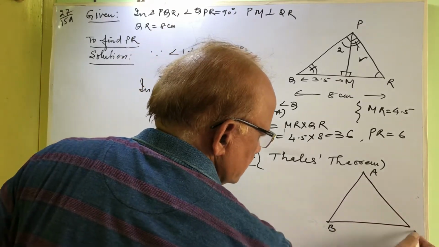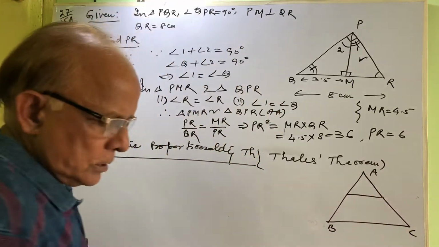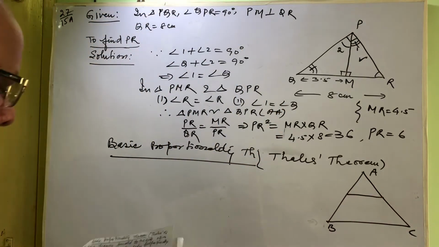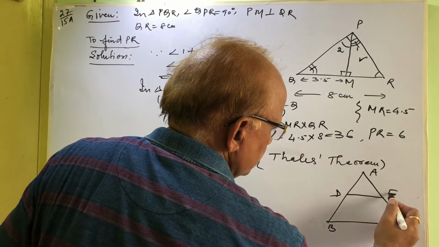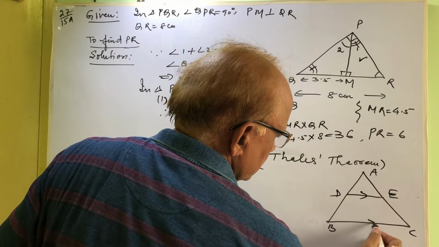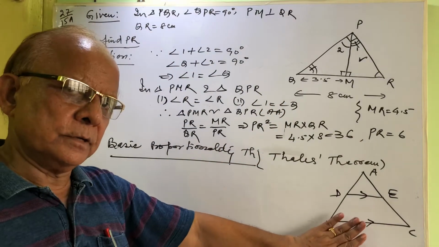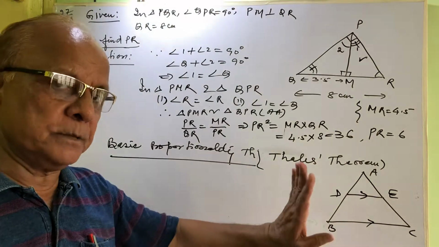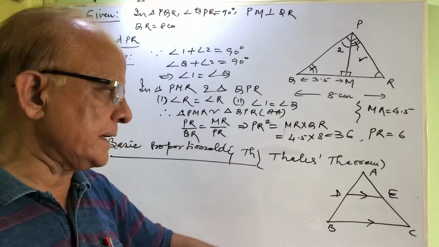In triangle ABC, this line DE is drawn parallel to BC. Here a statement is given in the book. This is given in an example, but this is a very important theorem, and everywhere you have to use it in the next exercise.